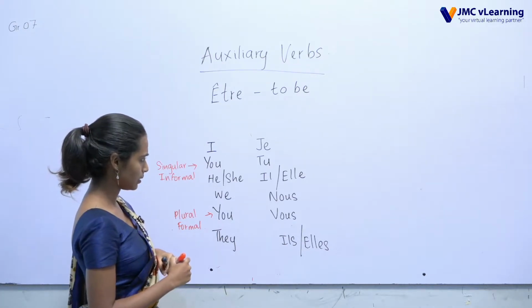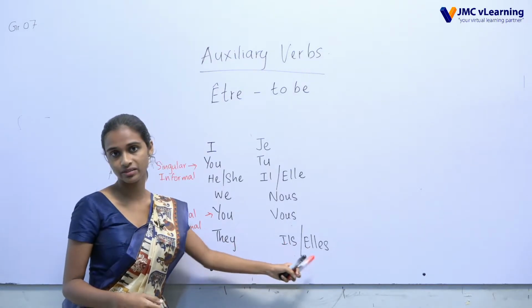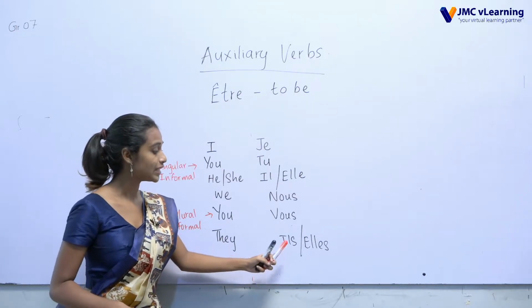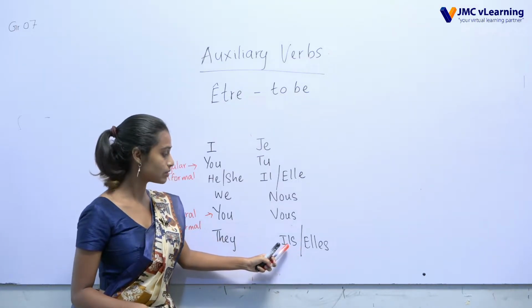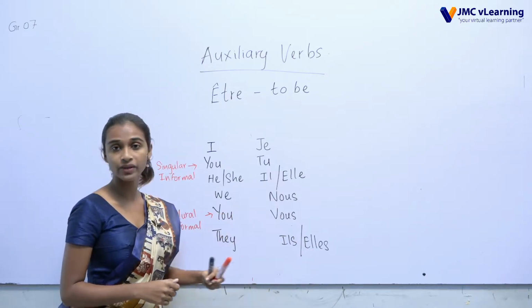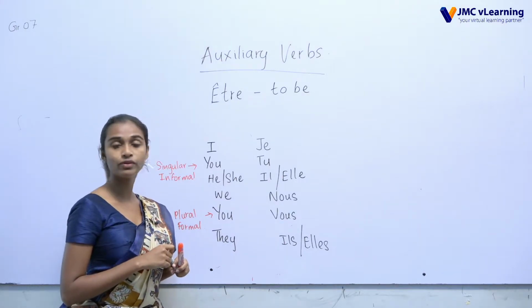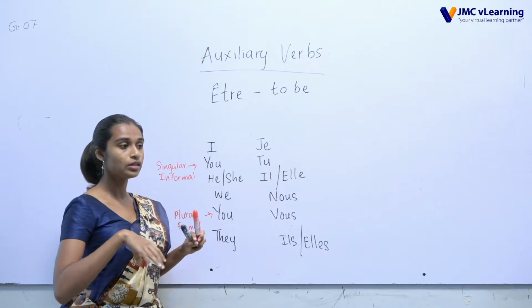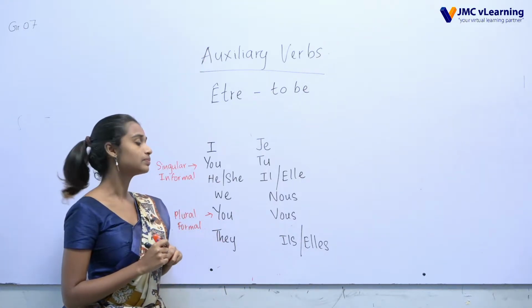And then when you want to say they, there are two ways of saying they in French, ils and elles. Here also the s is silent, so it is il, elle. So what is the difference between these two? Ils we use when you want to say they to a group of males, when it comes to the masculine form only.